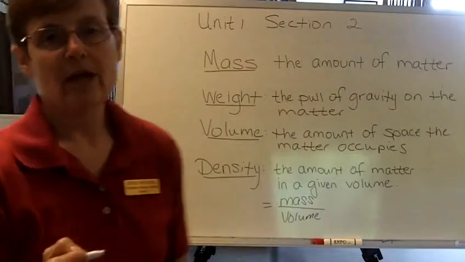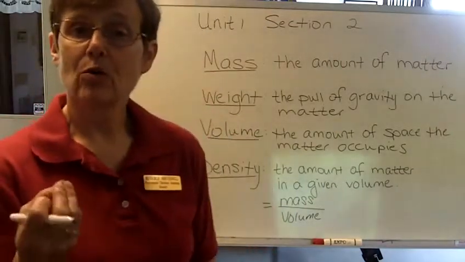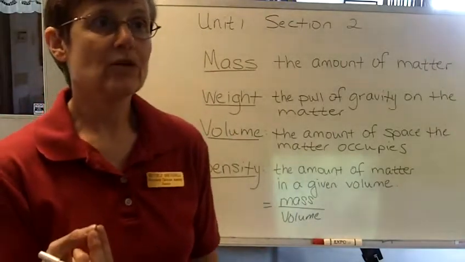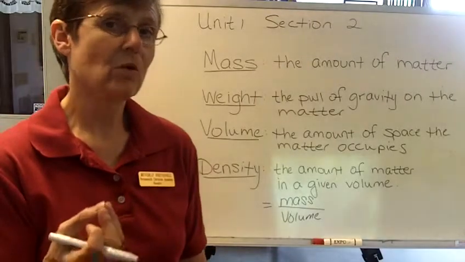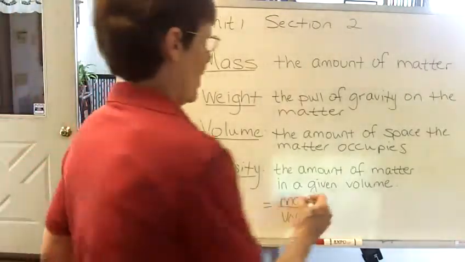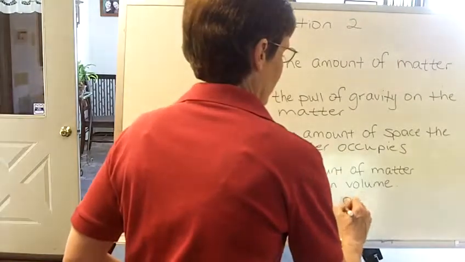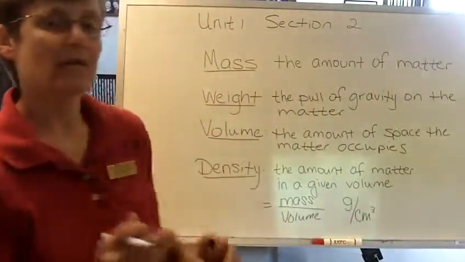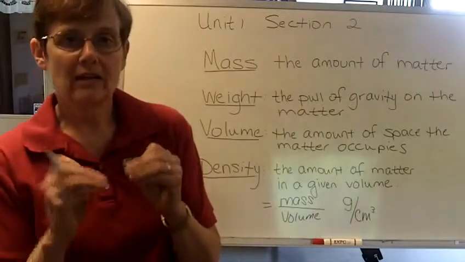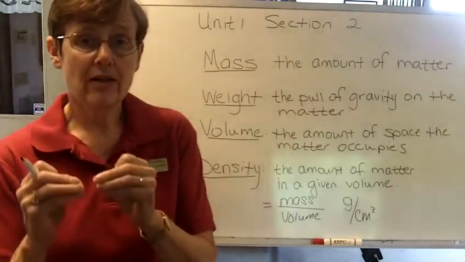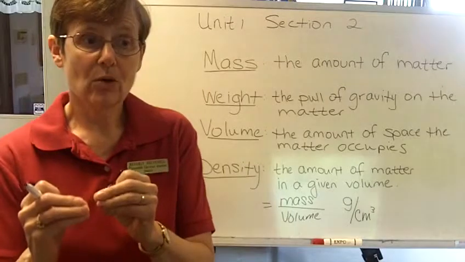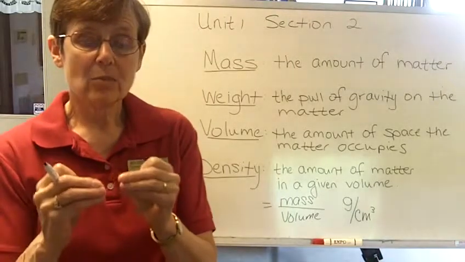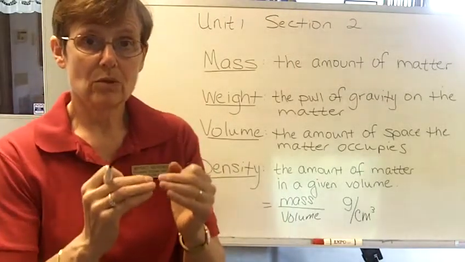And most commonly in chemistry, you will see mass measured in grams and volume measured either in cubic centimeters or in milliliters. So we often have the unit grams per cubic centimeter, because when you do a calculation, the units on the answer are going to be similar to the units that you use to do the problem.